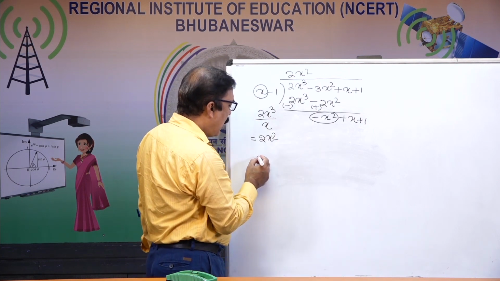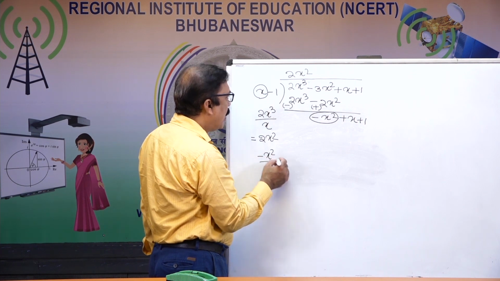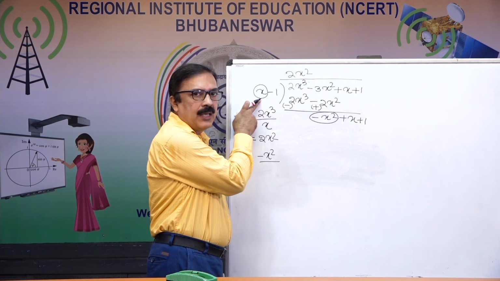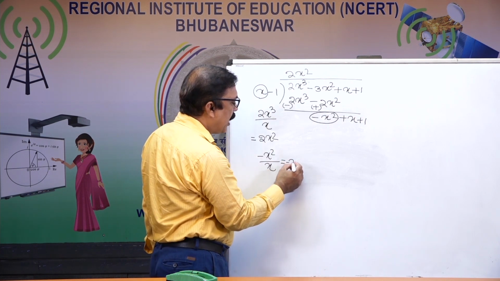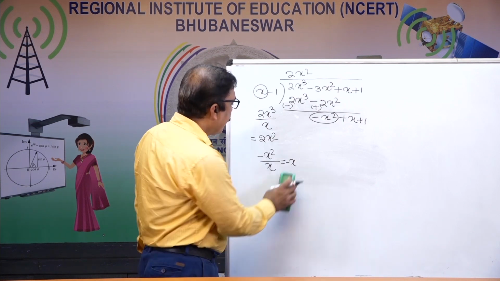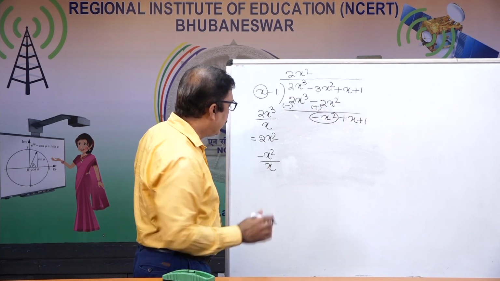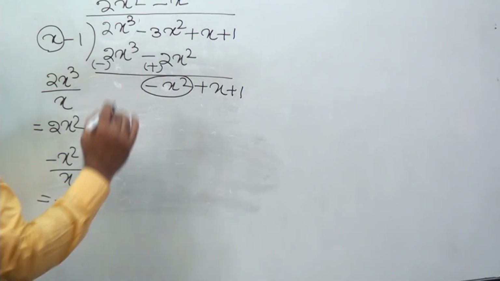We have to divide minus x square by the first term of the divisor, that is x, that gives minus x. So we can write minus x here in the quotient.